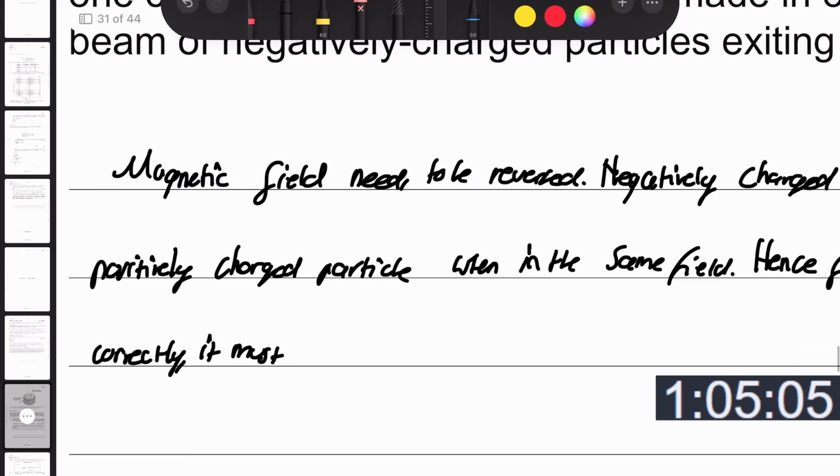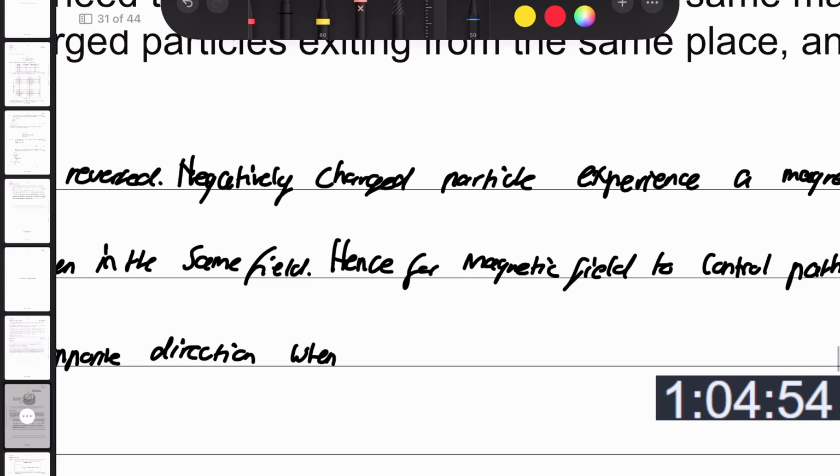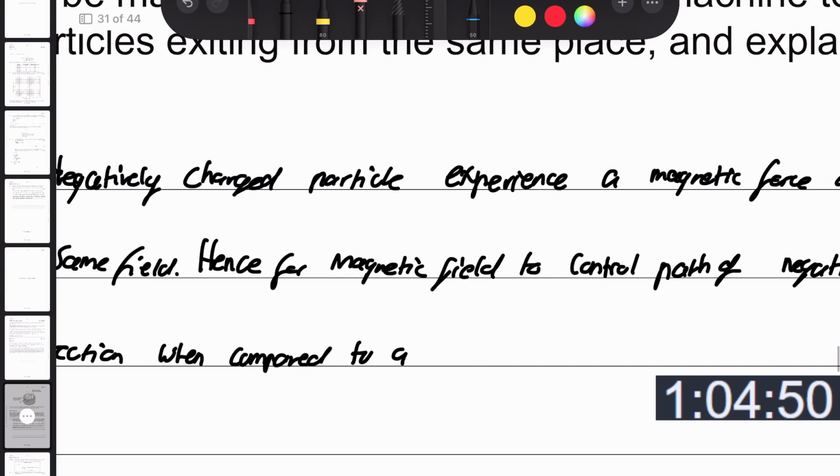The field must flow in the opposite direction when compared to a positive particle.